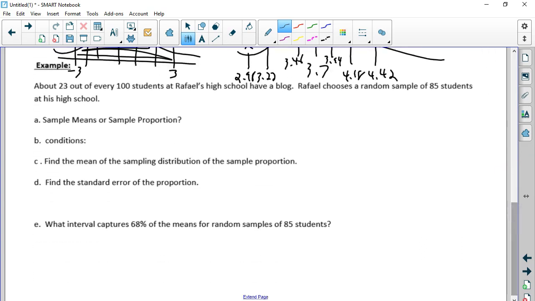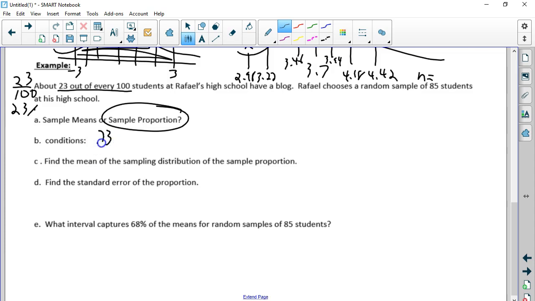And our last example, about 23 out of 100. That's a fraction, which is also 23%. They have a block. Raphael chooses a sample of n equals 85 at a high school. Well, this is a proportion because it's 23 out of 100, or 23%. The conditions. Well, first off, 0.23 is our p. n is 85.